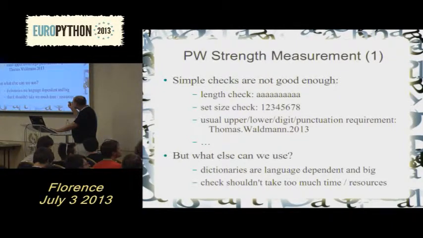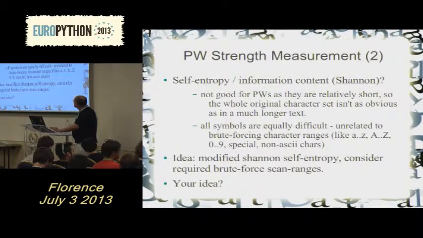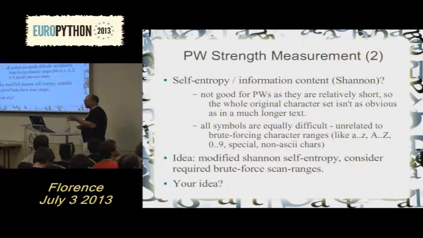And I recently worked a bit on this, and there was the idea of maybe using the Shannon algorithm to determine how much information is in the password. The problem is this self-entropy measurement is more useful for longer text if you have lots of input, but if you only have 10 characters or so, it's a problem.